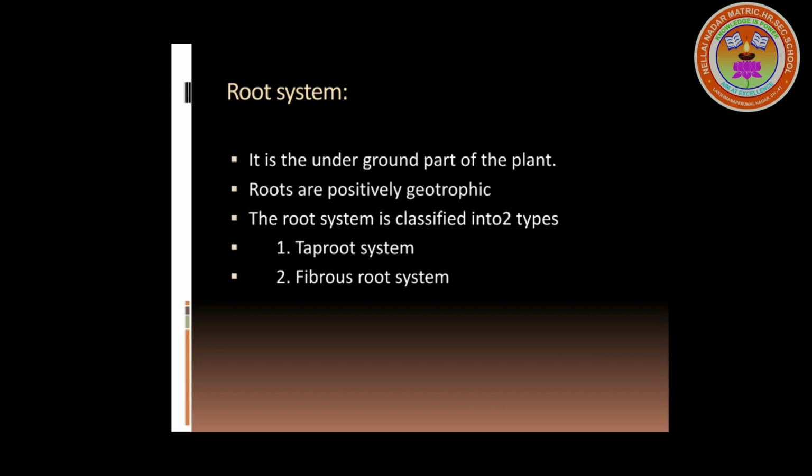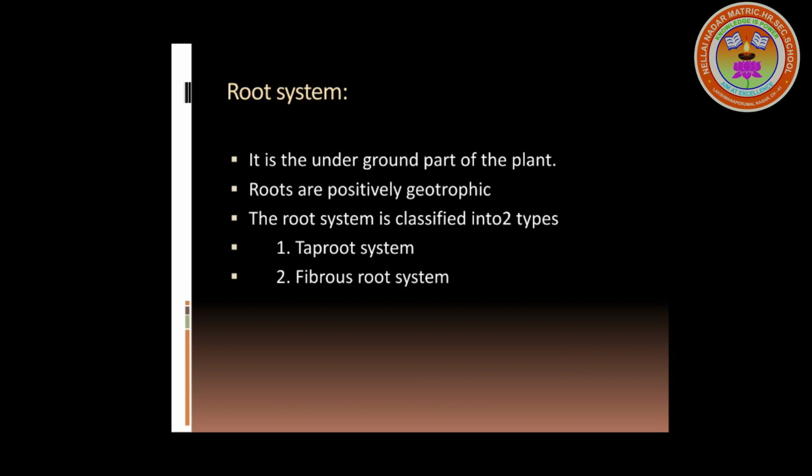The roots are positively geotropic. What is this positively geotropic? Geo means the earth. Tropic means growth. Geotropic means the growth of root towards the soil. So, the roots grow deep into the soil.